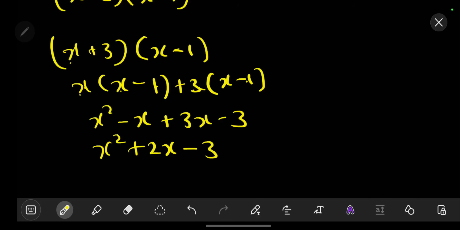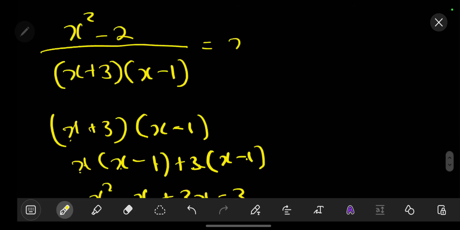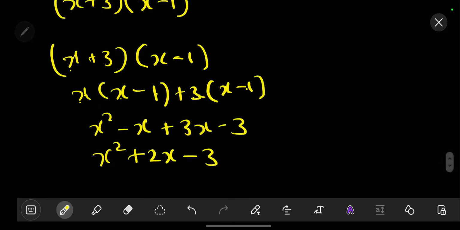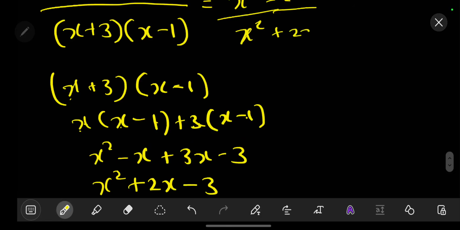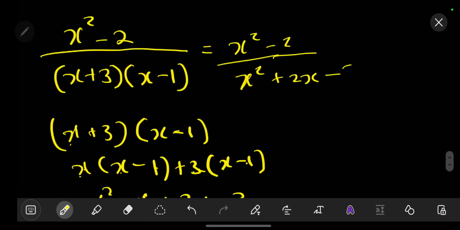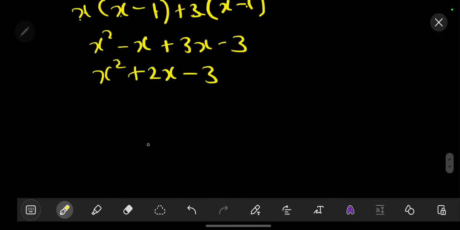So if this is what we have, the equation becomes x squared over x squared minus 2 over, we have x squared, then plus 2x, then minus 3. So the powers are not supposed to be equal, therefore let's use the long division.